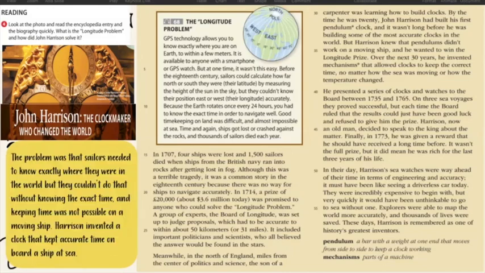But the problem was that sailors needed to know exactly where they were in the world, but they couldn't do that without knowing the exact time. And keeping time was not possible on a moving ship. So Harrison invented a clock that kept accurate time on board a ship at sea. Wow, right? So he was a very smart person.